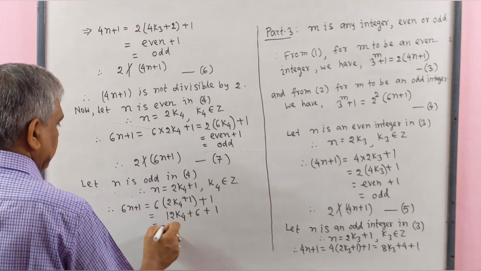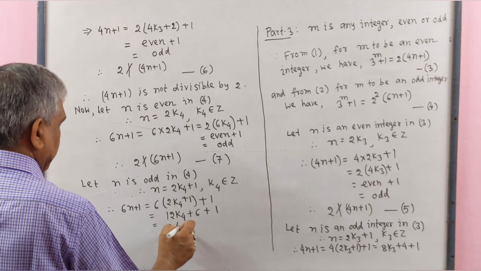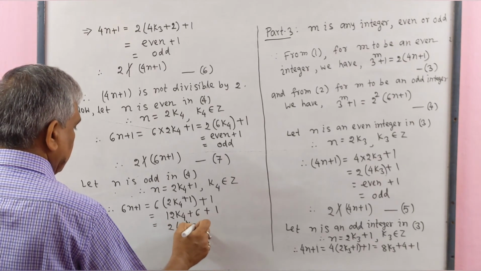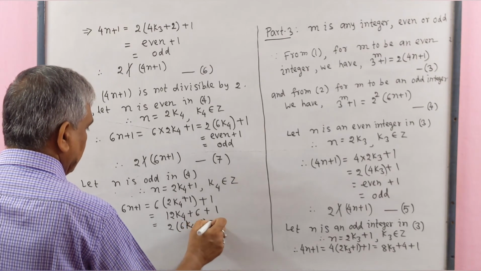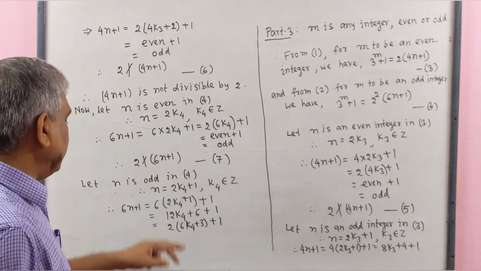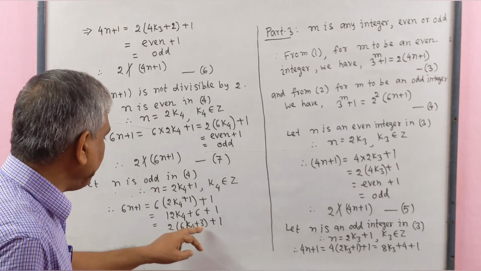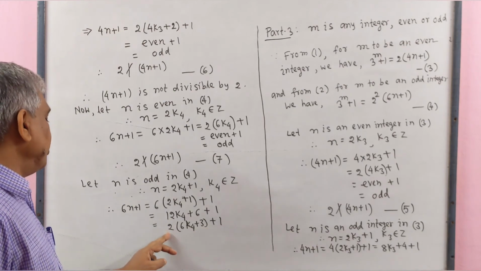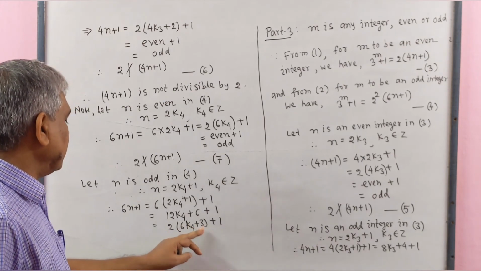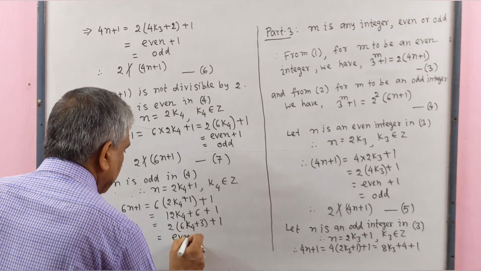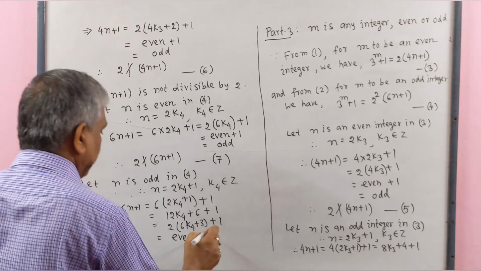Here this equals 2 common, 2 times (6k4 plus 3) plus 1. Since k4 is an integer, 6k4 plus 3 is also an integer, and 2 multiplied by an integer is an even integer, plus 1.